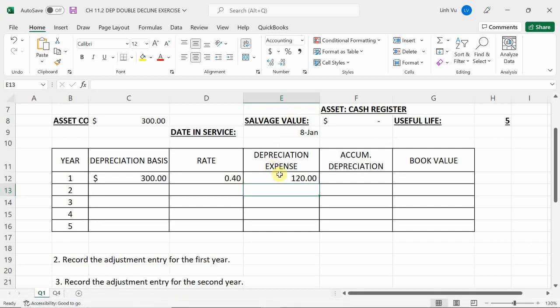Good. Go ahead. So the accumulated depreciation would be previous years' depreciation plus the current year's depreciation.